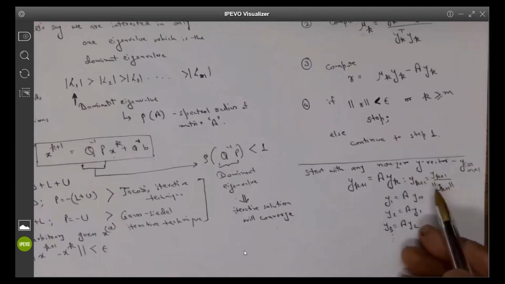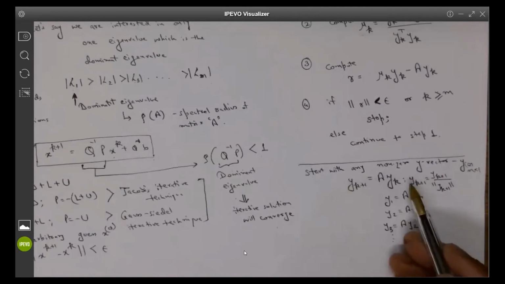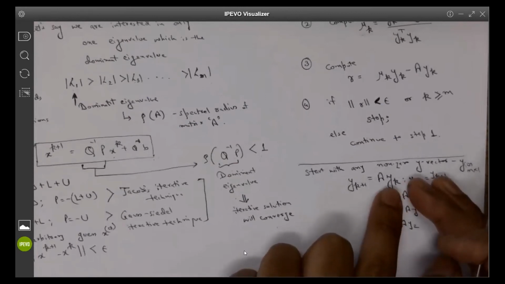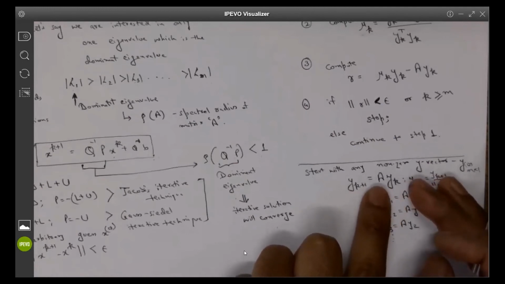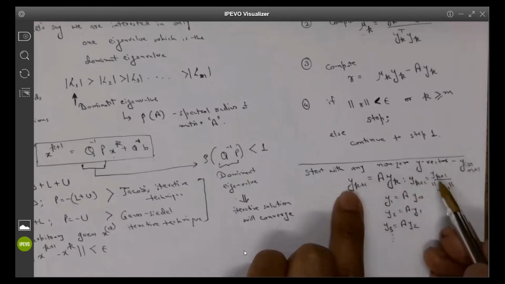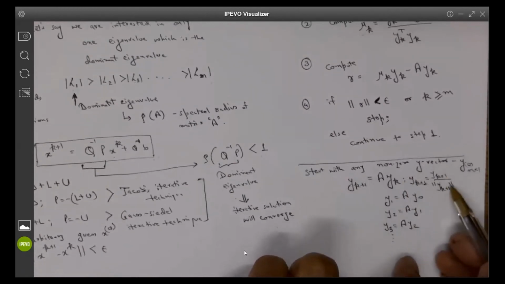So what it is doing is normalizing the vector y(k+1). First it multiplies, y(k+1) is A times y_k, and once you compute it, you normalize the magnitude of this vector by dividing it by its norm. You know how to compute the norm, right?